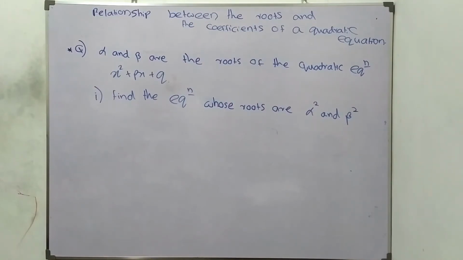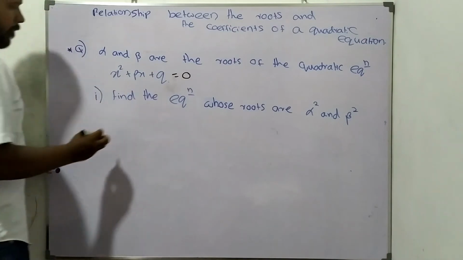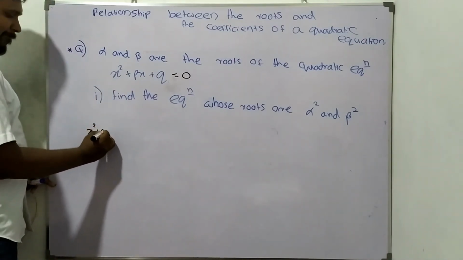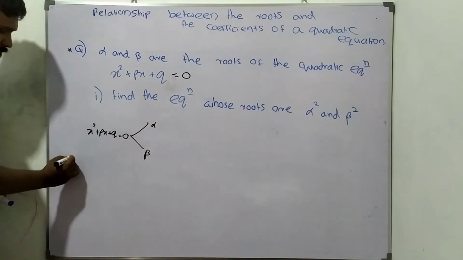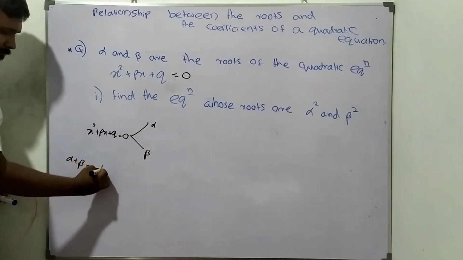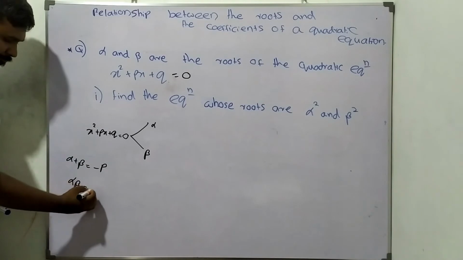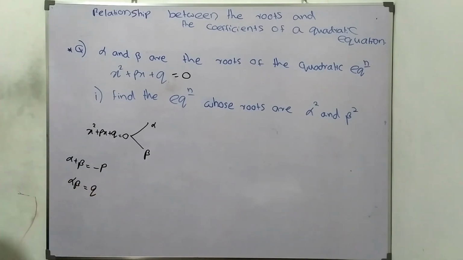Right. So now assume alpha and beta are the roots of the quadratic equation x squared plus px plus q equals 0. Find the equation whose roots are alpha squared and beta squared. First of all, I'm going to write the addition of the roots: alpha plus beta is minus p.